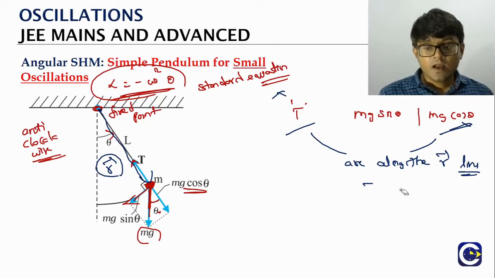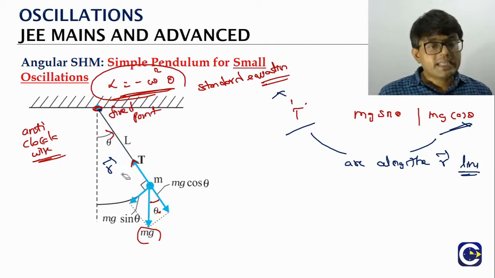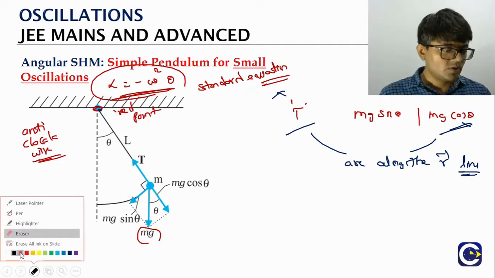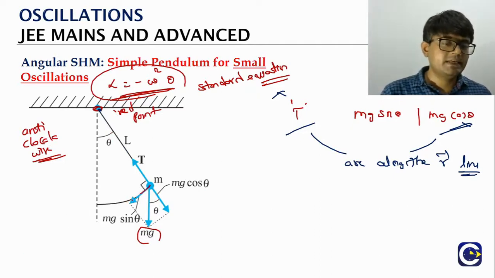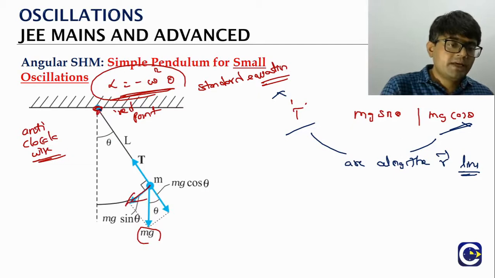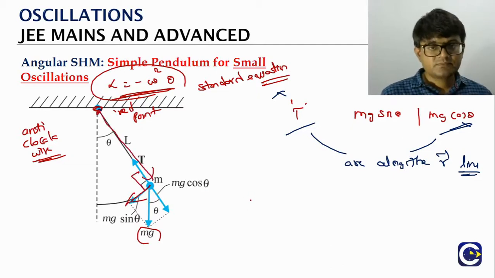Now the only torque that will get produced will be because of the mg sine theta. So we'll just focus on the mg sine theta. See, where is the mg sine theta? It is in this direction. From here, if you draw r bar, it will be like this. What is the angle between them? 90. So what is the torque?